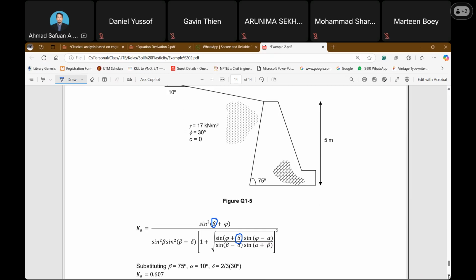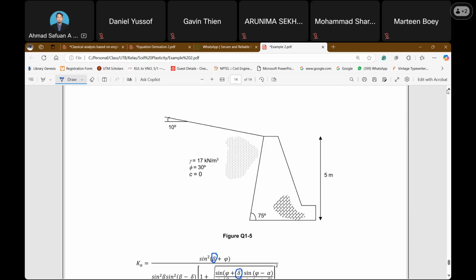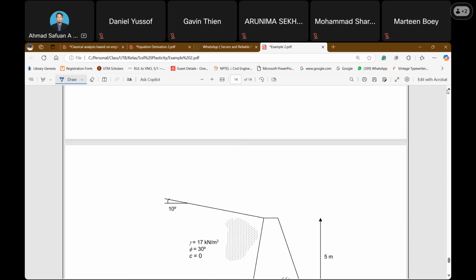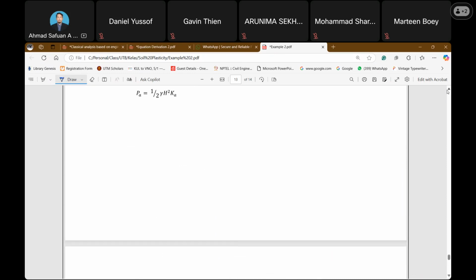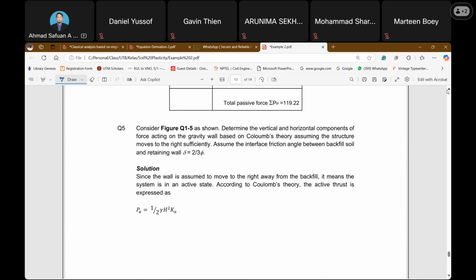Since we have only one type of soil, we can use this single equation. We call this a single type of soil.